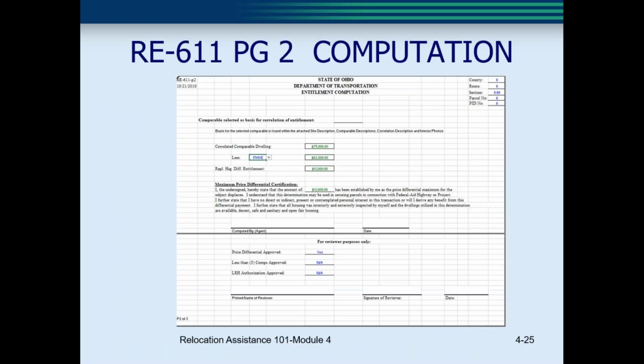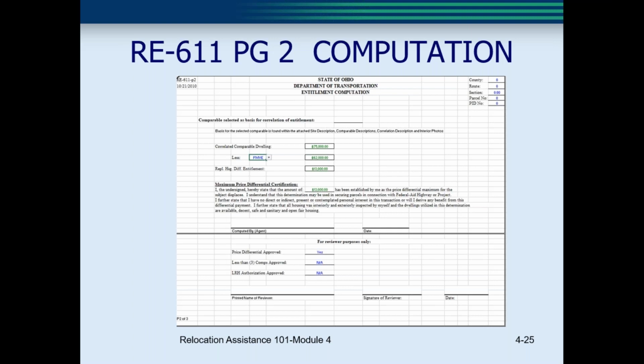So let's look at the RE611 page 2. This is the actual sheet where you put in your numbers and come up with the actual computation, the actual replacement housing payment. The agent completes the top portion of this form, filling in the price of the prime comparable home and filling in the fair market value or a typical home site computation, which we will talk about later.